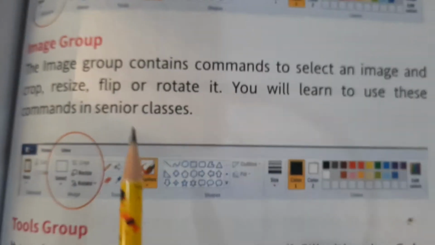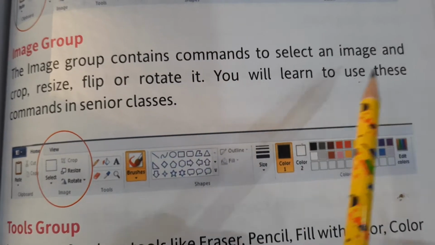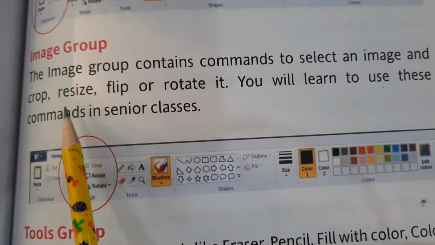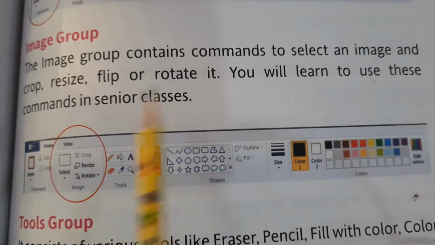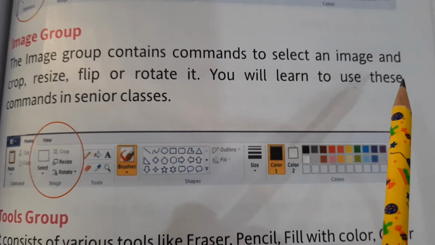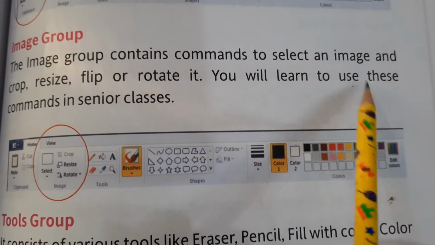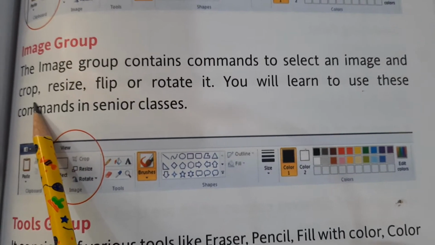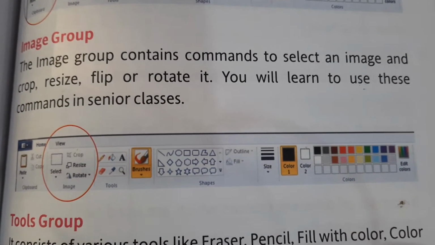Okay, now image group. The image group contains commands to select an image and crop, resize, flip or rotate it. You will learn to use these commands in senior classes. So here we can select the image and we can crop it. Crop it means we can cut a part of it. Resize it, we can change the size of it.